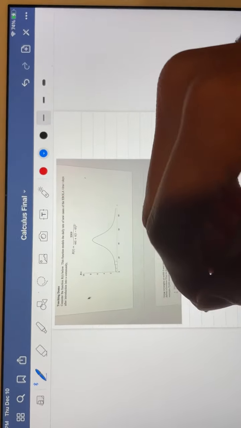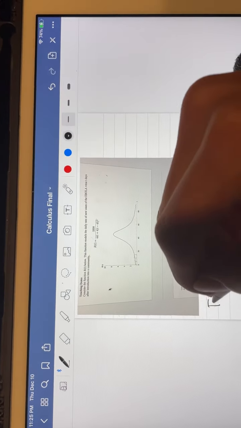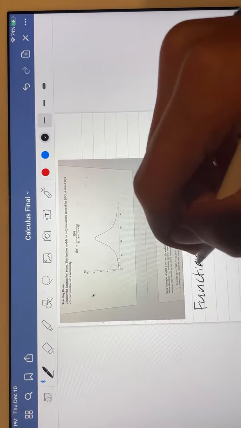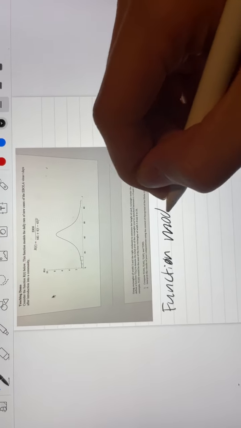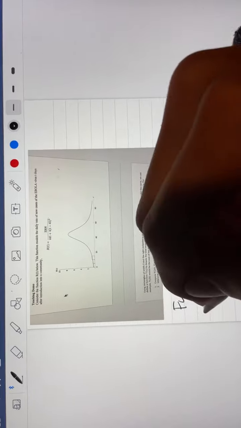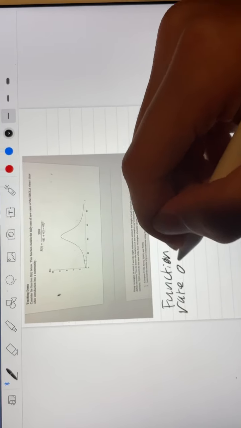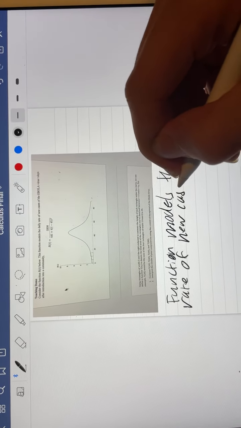So essentially the function models the daily rate of new cases of the virus.